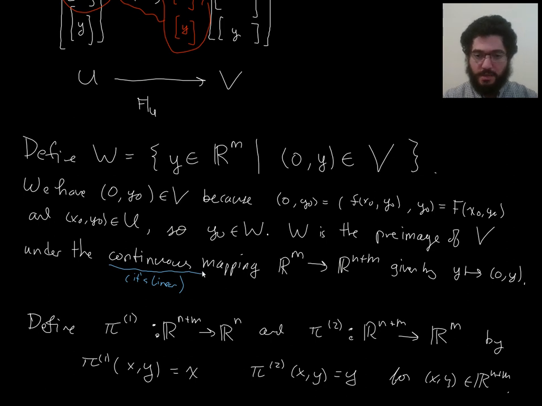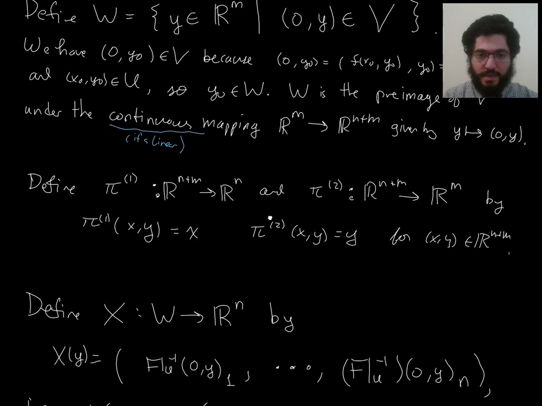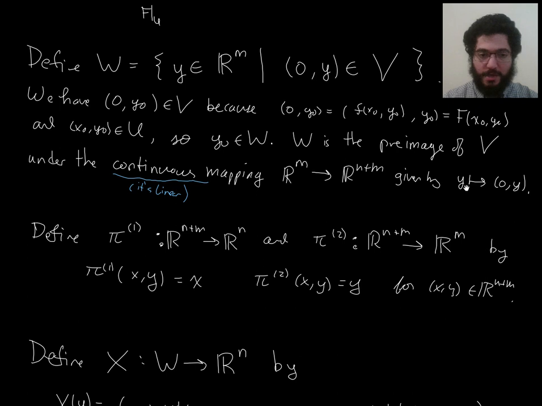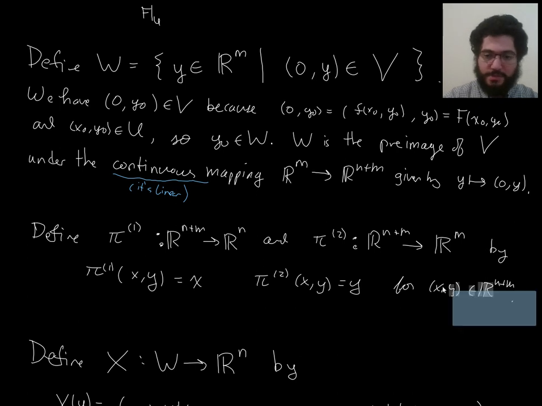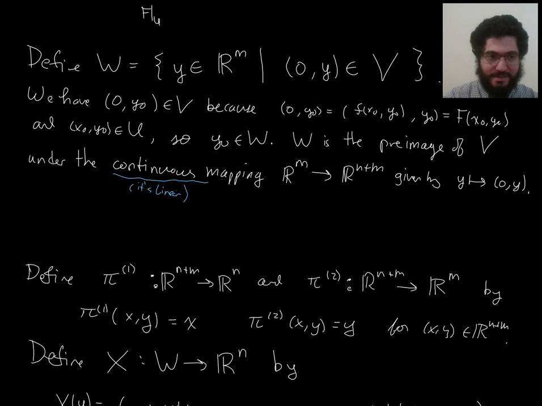This map is going to come up again and be useful. Now that I have defined these projections, pi1 and pi2, let's also give this map a name for later use.